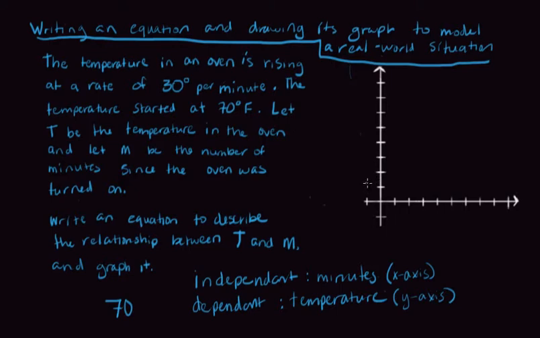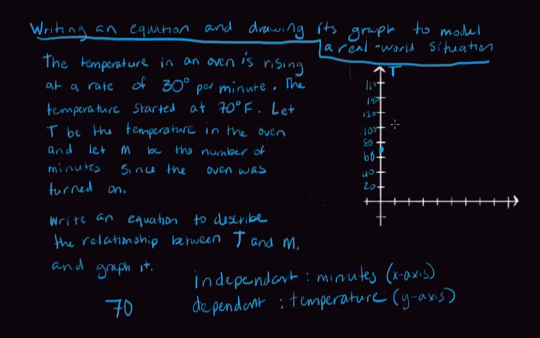Let's make this 20, 40, 60, 80, 100, 120, 140, 160. Okay, and this is for temperature here. So it starts out at 70, right? So at 0 minutes, we're at 70.